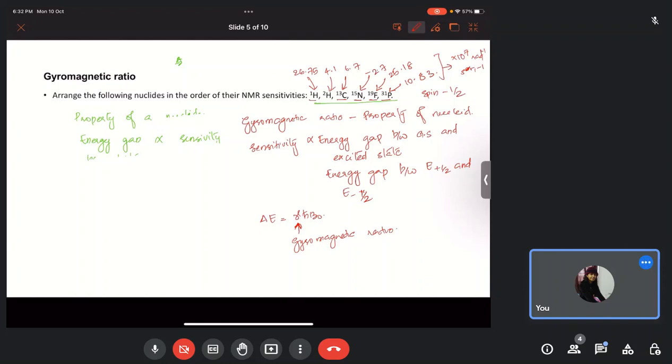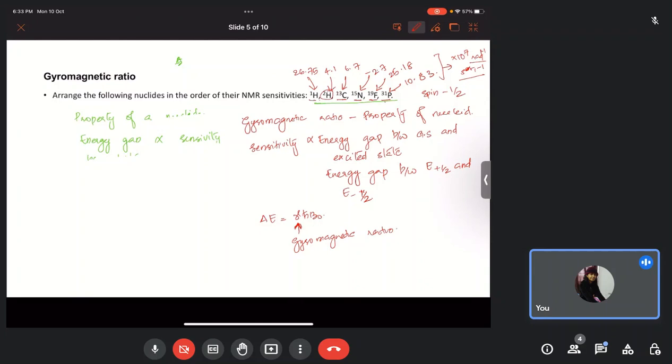So it is 26.75 times 10 to the power 7 radian second inverse Tesla inverse for proton. Proton, 13C, 15N, 19F and 31 phosphorus are all spin half nuclei, whereas this is a spin 1 nucleus.